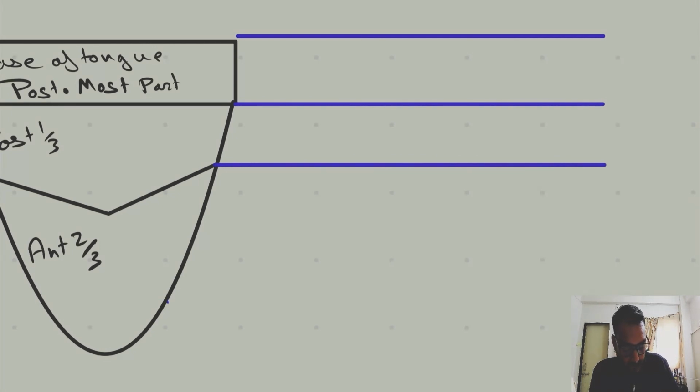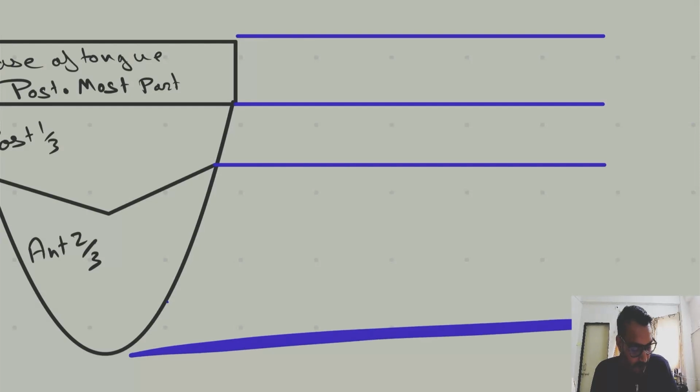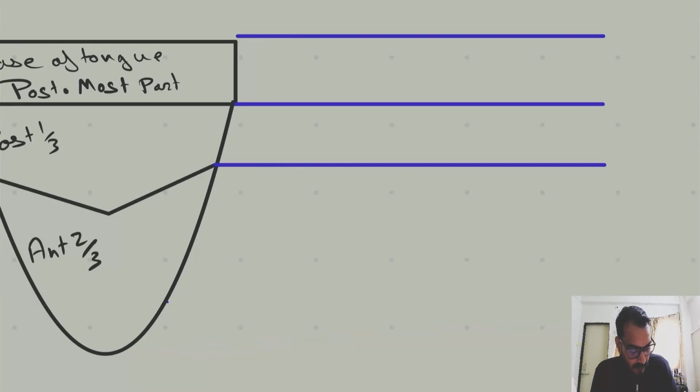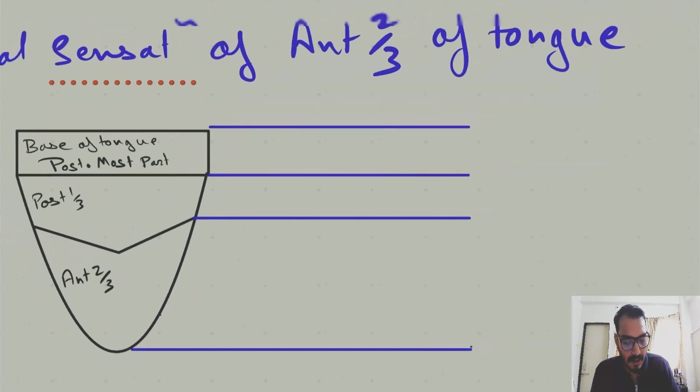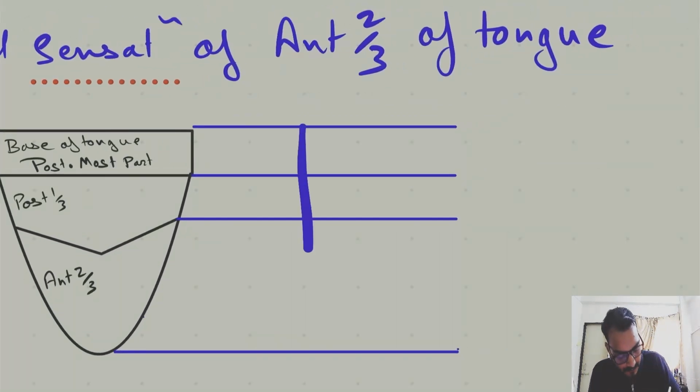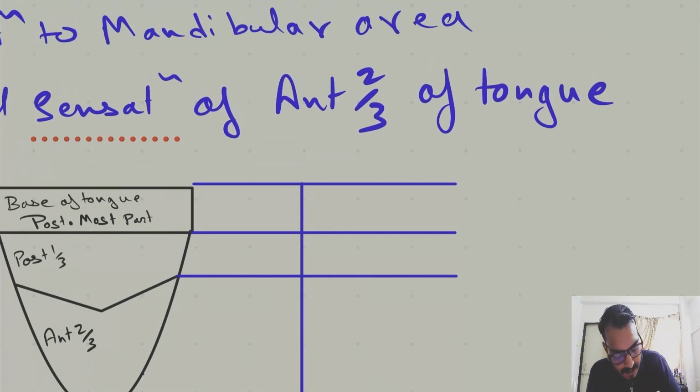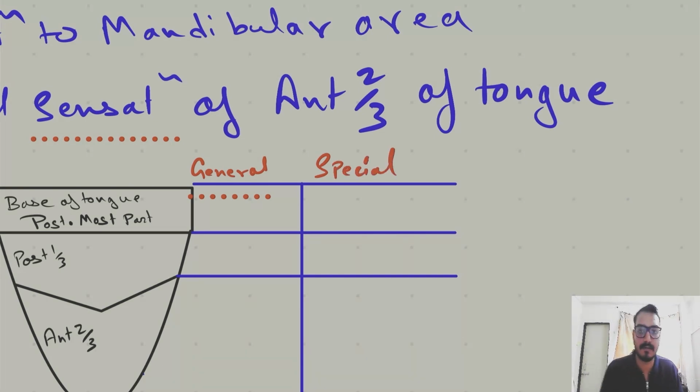One is known as general sensation, and another one is known as special sensation.